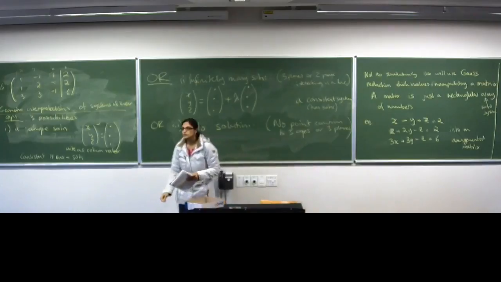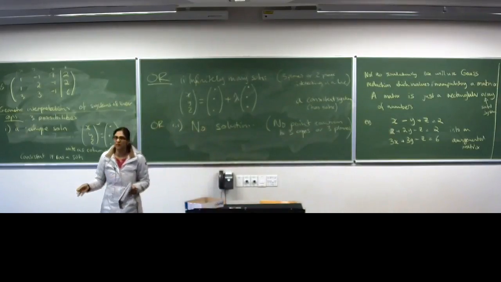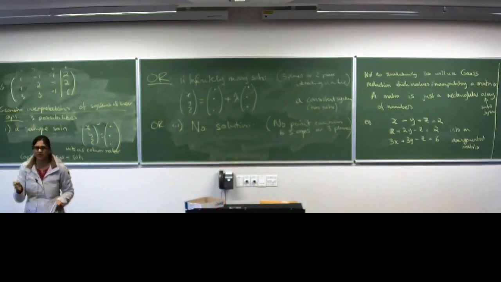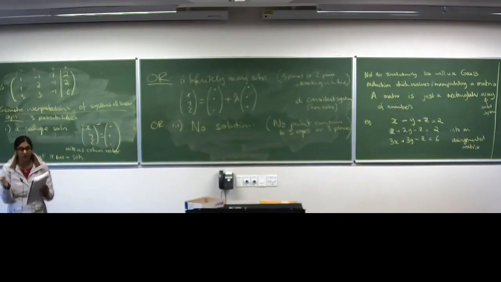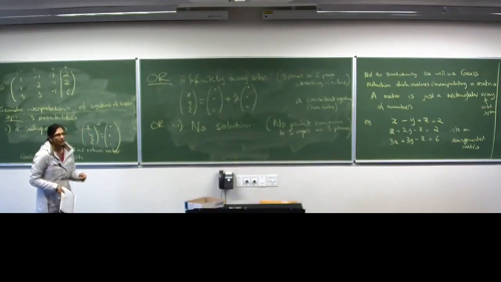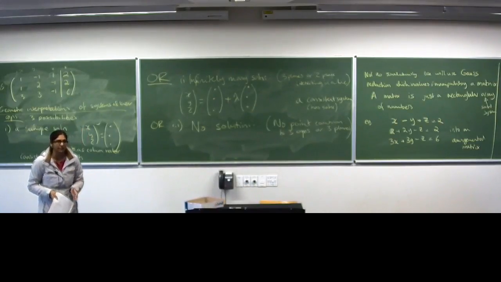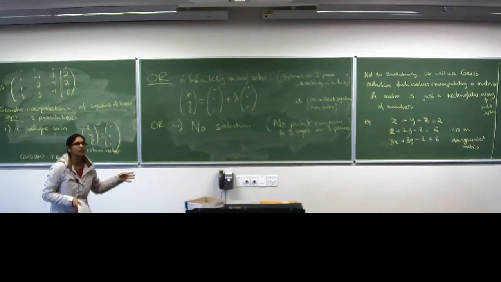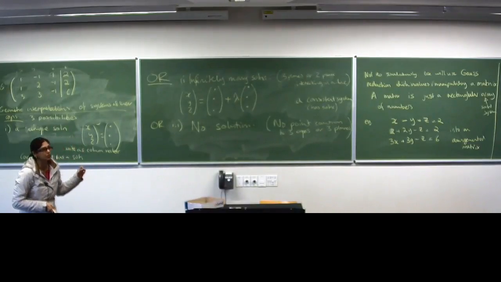So we've got a system that is inconsistent. When we give you a system to solve, you have to say either that it has a unique solution, infinitely many solutions, or no solution.